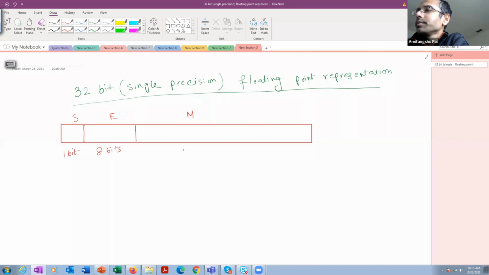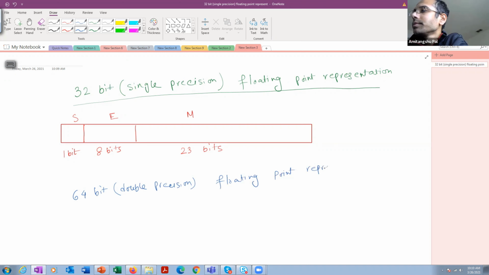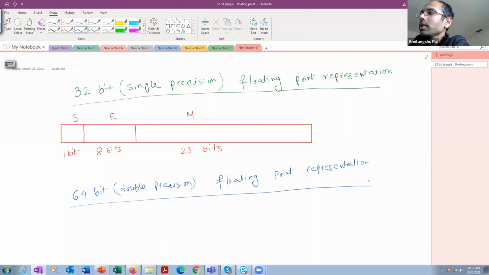Now, in case of 64-bit or double precision floating point representation, the technique is exactly the same. In case of finding normalized values, denormalized values, special values, the technique is exactly the same.